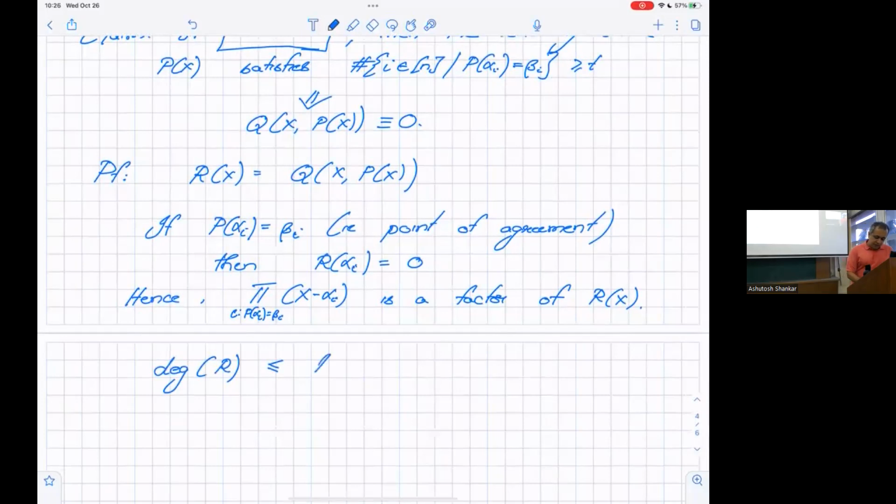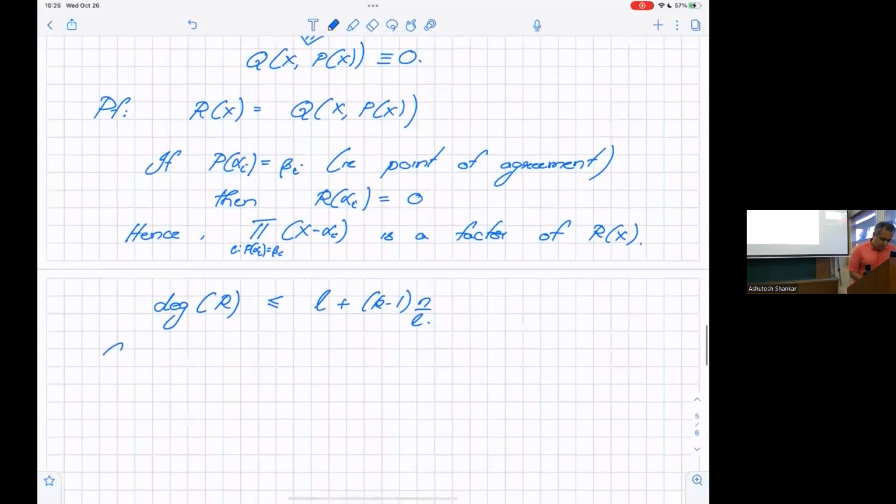From x it gets L. Now because you're plugging in P, that can go as large as k minus 1 times n by L. So if t is greater than L plus k minus 1 times n by L, then R must be identically 0.